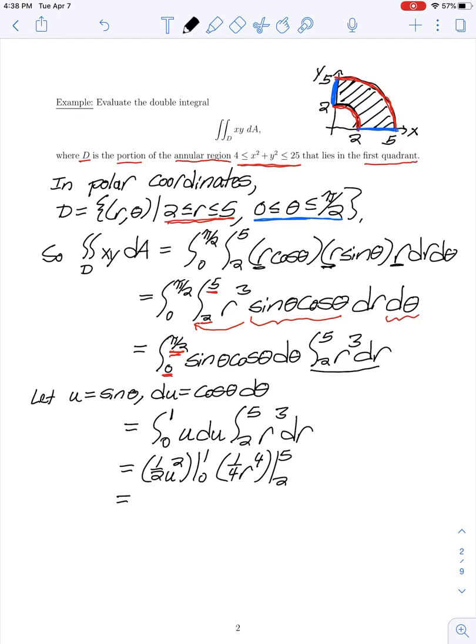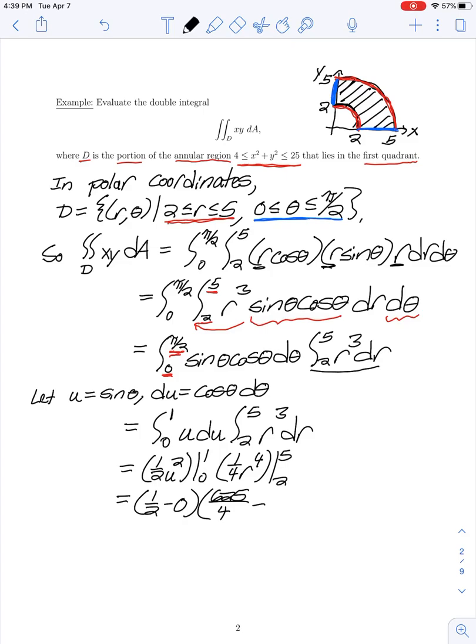So this first value gives us a 1/2 minus 0. And when we substitute into the value of the second integral, when we substitute 5, we have 5 to the 4th, or 25 squared, which is 625 divided by our 4.